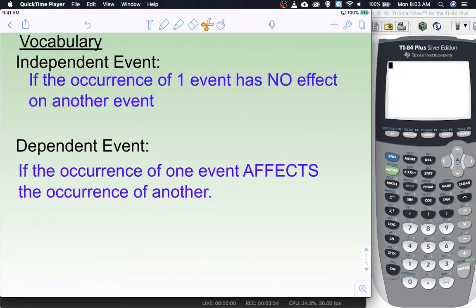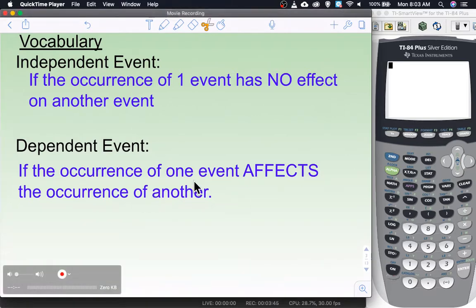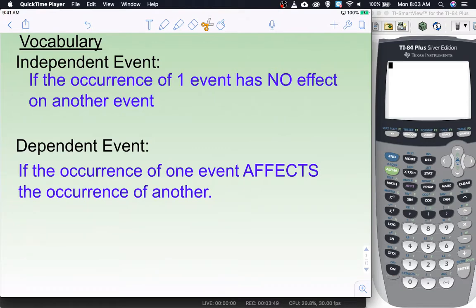And those 2 words kind of tie into these 2 as well, independent and dependent, a little bit. An independent event is if the occurrence of one event has no effect on another. If I have a coin and a dice, when I flip this coin, does it change the probability of getting anything from the dice?